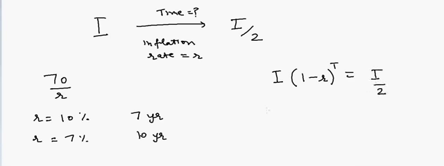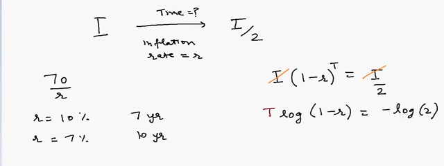So in that case, if we solve this equation, then the I would cancel out, and we will have T log of 1 minus R is equal to minus log of 2, right? So in that case, T will be equal to minus log of 2 divided by log of 1 minus R, right?